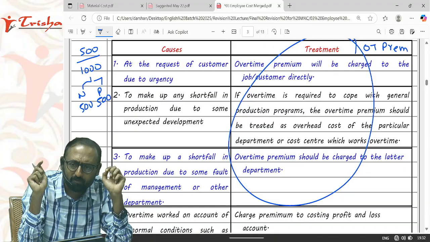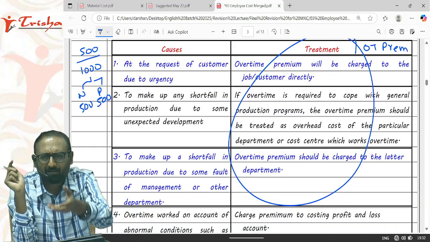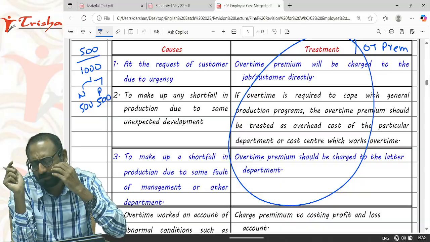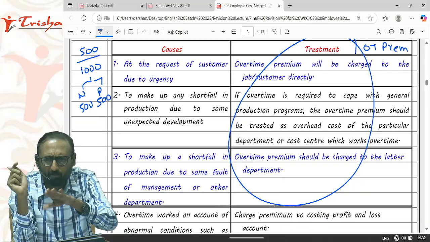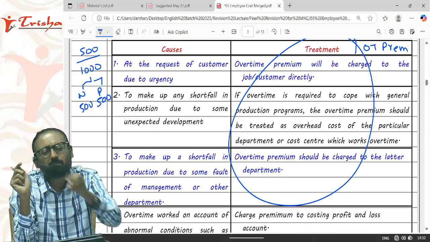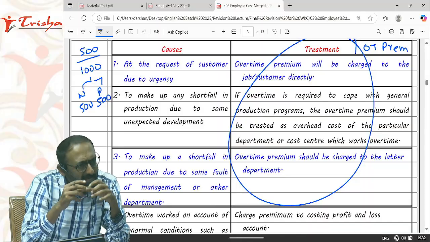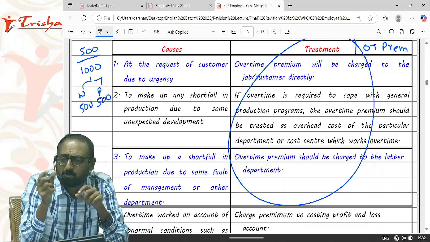Overtime is normally done to cater to demand, or production is not as per the schedule, so to make the production timely, sometimes you do overtime. If overtime is done casually, then whatever premium is paid will be transferred to overhead.